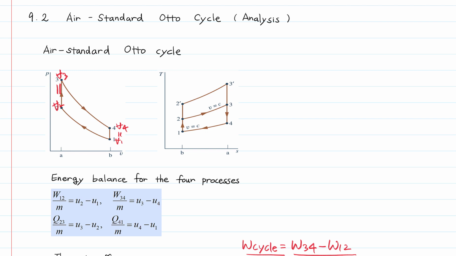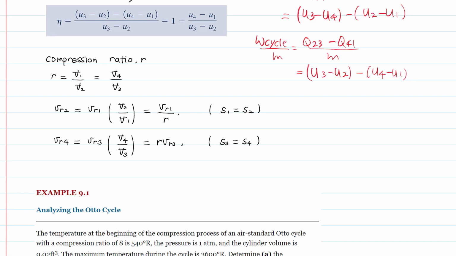So V1 over V2 equals V4 over V3. So the compression ratio r is the ratio of the largest to the smallest volume. The efficiency of the air standard Otto cycle is a function of the compression ratio only. So the efficiency of the Otto cycle increases with increasing compression ratio.